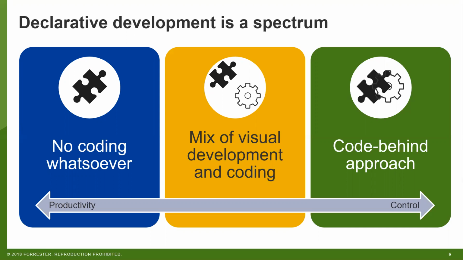The choices that I find developers make have a lot to do with the kinds of use cases they're building, but also their preferences. Sometimes it's just faster to write code than it is to use a declarative technique. Whereas in other cases, it's faster to use a declarative development technique than it is to write code.